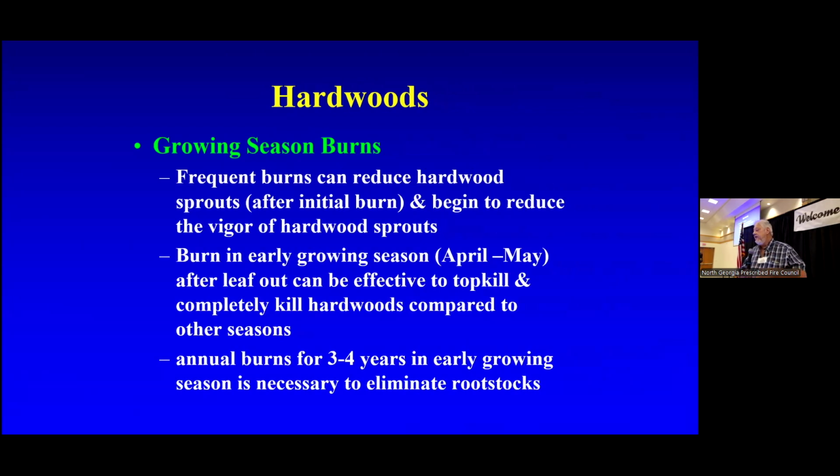We get the sprouting, then we wait until those sprouts leaf out in the subsequent year or so when we have enough fine fuels to be able to carry the fire again. Allow those leaves to expand, use those carbohydrate reserves from the root system, hit those with a fire, stress those plants even more, and we can begin to get some measure of control.